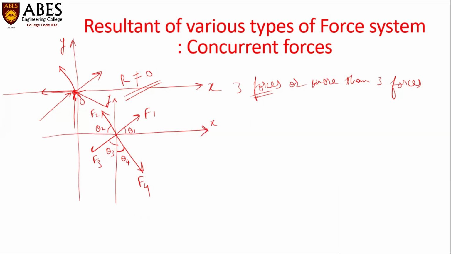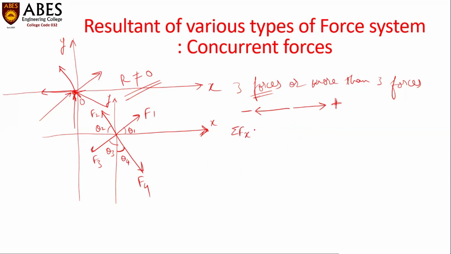For finding the resultant or summation, we will follow a simple sign convention: right-hand side forces will be considered as positive, and left-hand side forces will be considered as negative. This is the sign convention which we are going to follow here. So in this diagram, what will be the total summation of all the forces in horizontal direction?